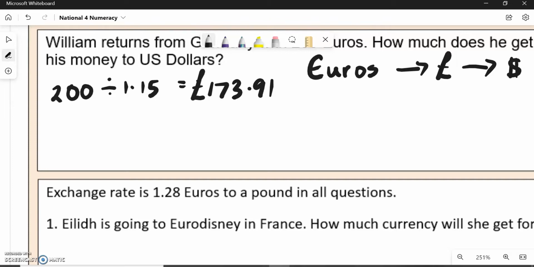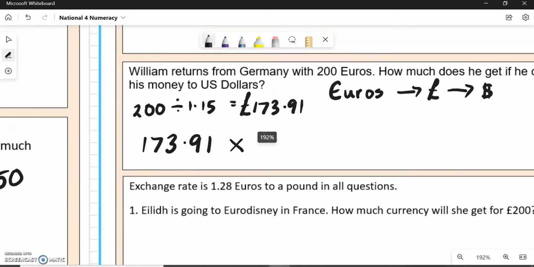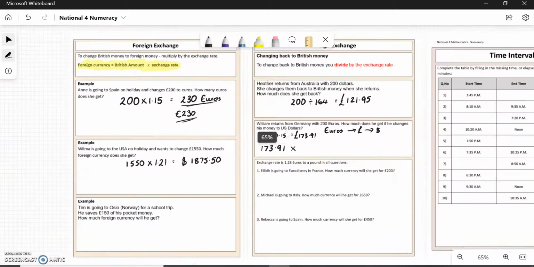What we want to do now is change from pounds to dollars. We're going from pounds, so we're going to another foreign currency. So this time we're going to multiply by the exchange rate. So the first step we've divided, but then the second step we're multiplying because we're going to another foreign currency.